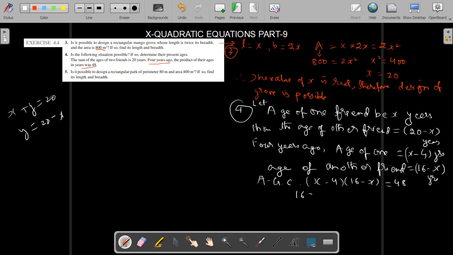So solve this: 16x minus x square minus 64 plus 4x is equal to 48.